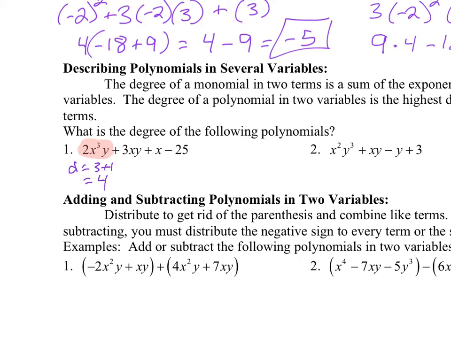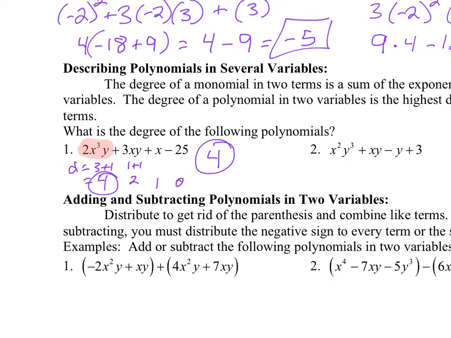You have to figure out the degrees, and then the degree of the polynomial is the highest number. So here I have 4. This is 1 plus 1, so that one has a degree of 2. x has a degree of 1. And 25 has a degree of 0, because x to the 0 is 1. Since 4 is our largest, 4 is the degree.